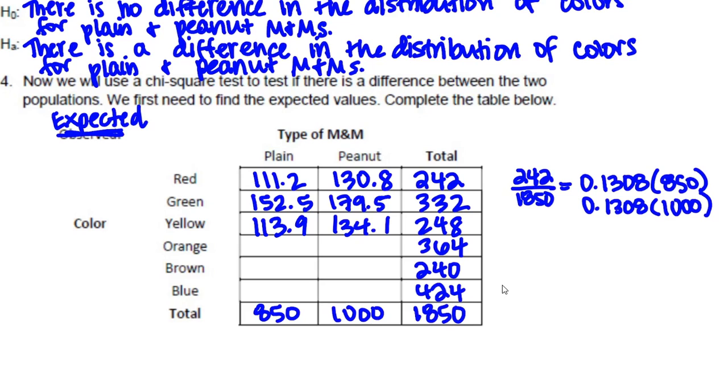So you can pause here and finish, and we will fill this in. There. So pause to finish it up.